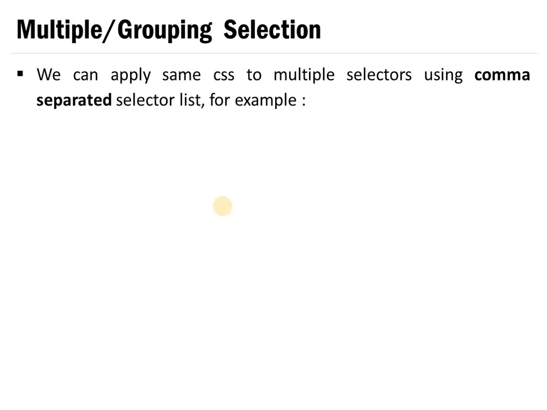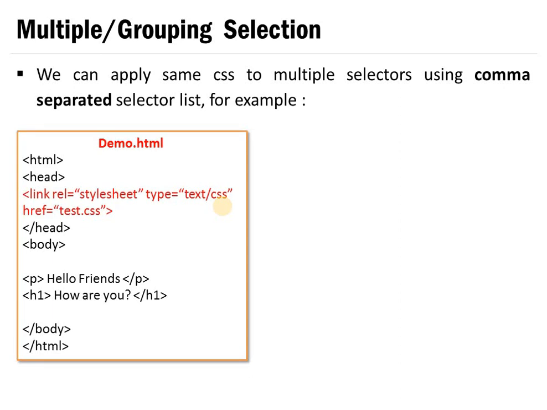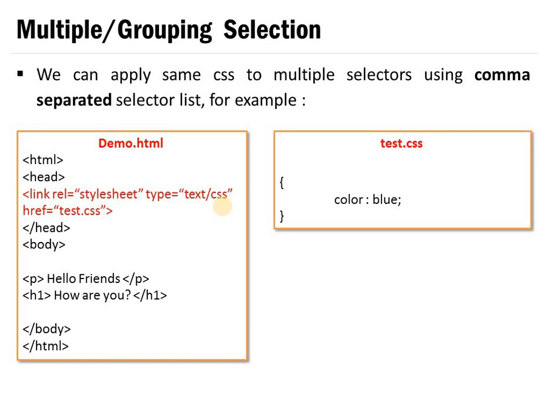After that, multiple or grouping selection. What does it mean? We can apply the same CSS to multiple selectors using a comma-separated selectors list. For example, over here you can see this is our HTML page. In the body tag I have used one paragraph tag and one h1 tag. This one is my taste.css file.